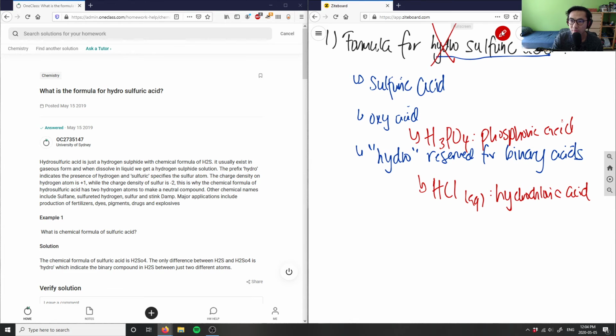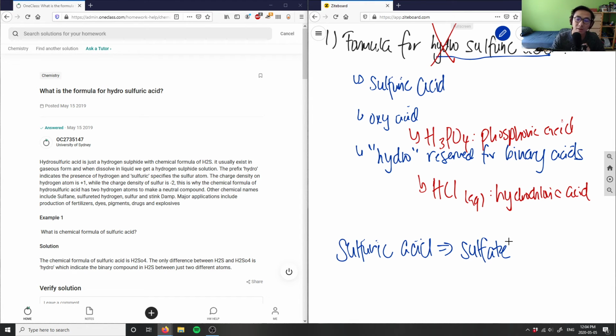In order to solve this question, we have to look at sulfuric acid. Sulfuric acid comes from the polyatomic ion sulfate, right? If I work backwards, sulfuric acid comes from the prefix of sulfate, which is a polyatomic ion.